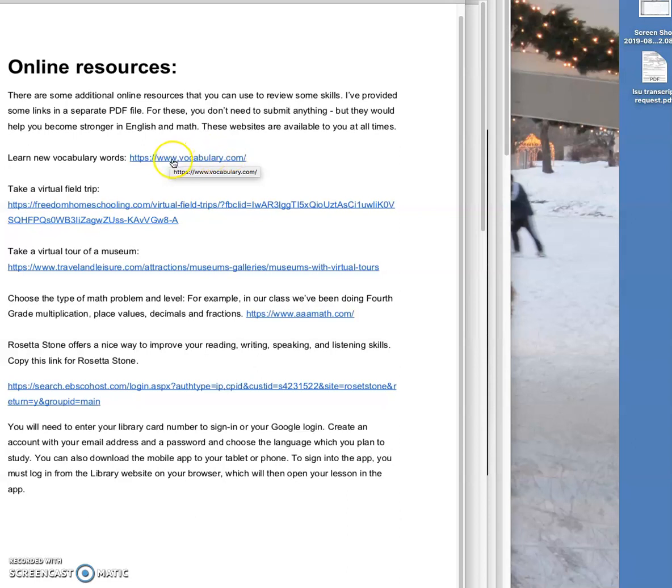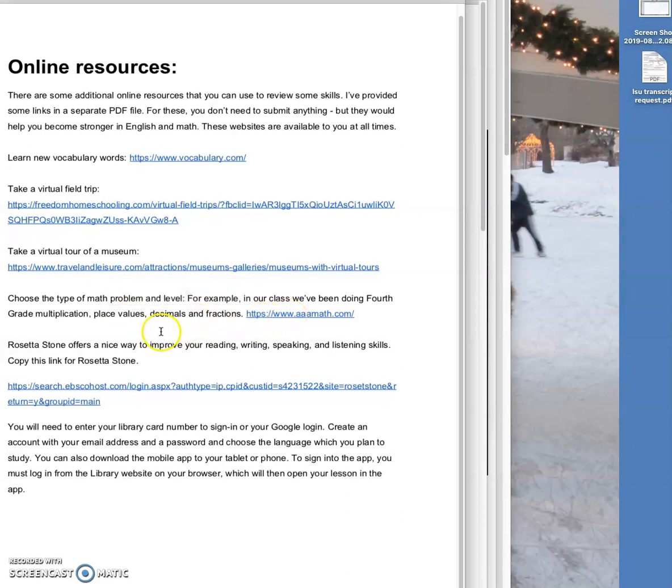So here we have a website for vocabulary. The next two provide ways for you to journey to different places, online field trip, or looking at this museum. Different museum options. It's also a math website.